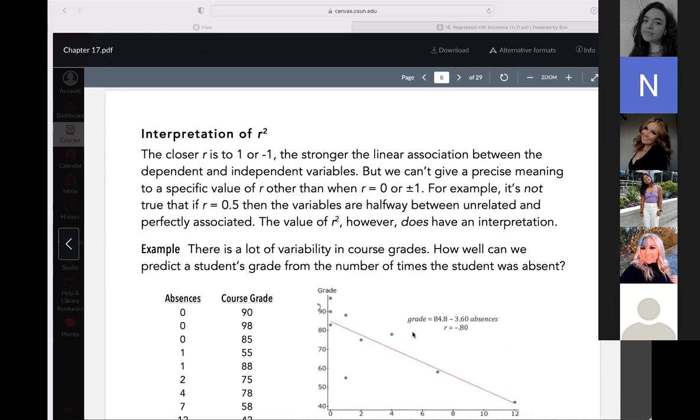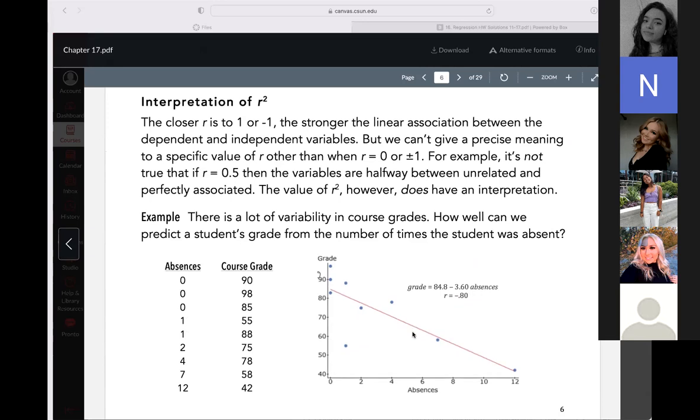I'm not telling you how we know this or why it's true, but does that sentence make sense? That the R squared value tells you the percentage of the reason why grades change because of absences as opposed to all the other things? Yeah. Okay, that is what the R squared value measures. What percent of the variation in your grades is caused by the variation in your absences?